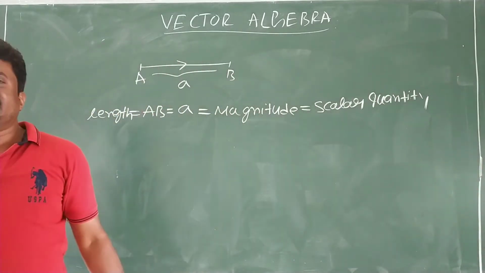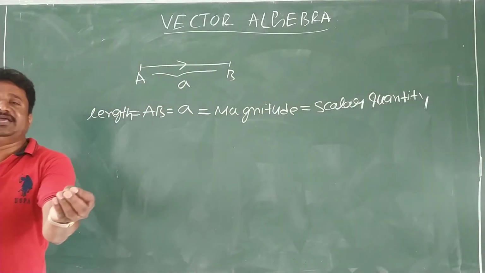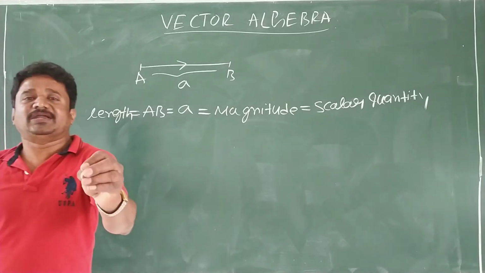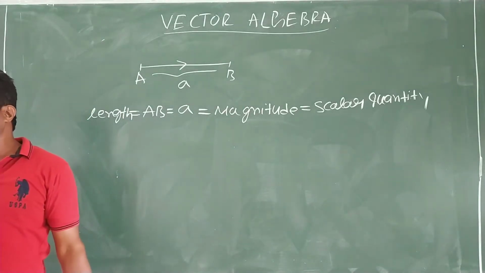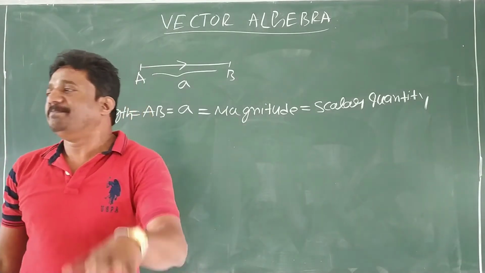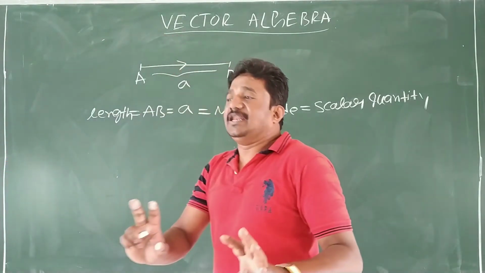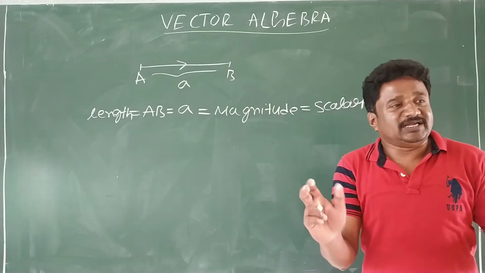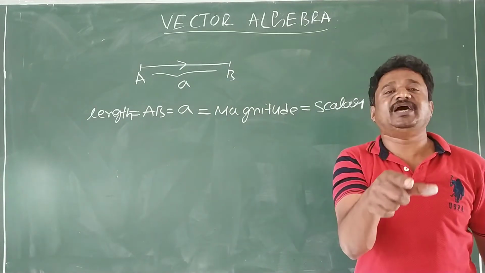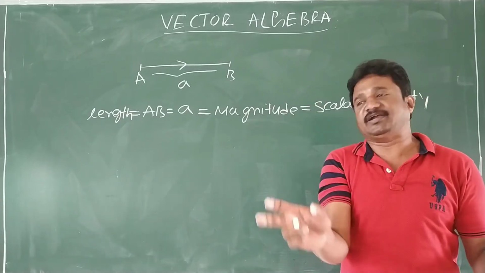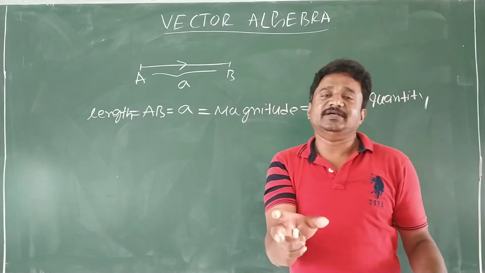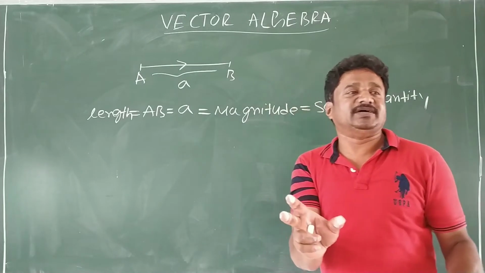A quantity which has both magnitude and direction is called what? Vector. A quantity which has only magnitude but no direction, so directionless quantities, are scalars. Quantities with directions are called vectors.